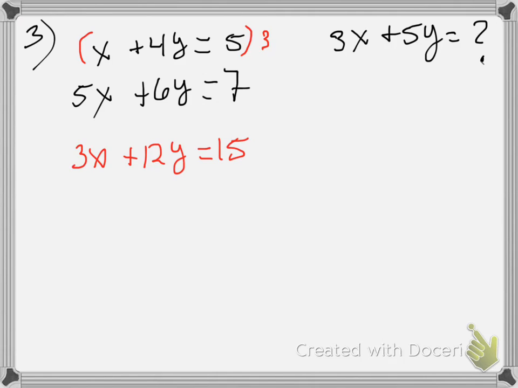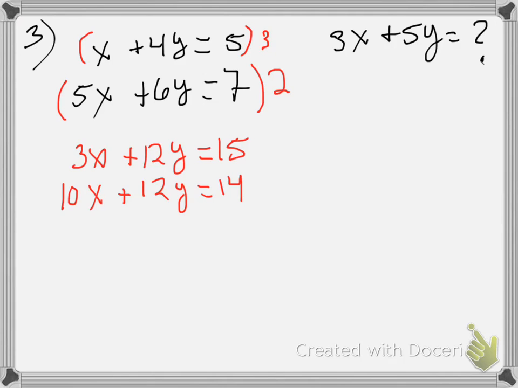Okay? And then I'm going to take the bottom equation, and I'm going to multiply it by 2. And that's going to give me 10x plus 12y equals 14. Okay?